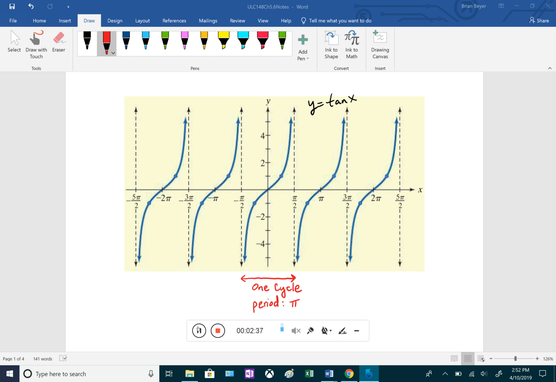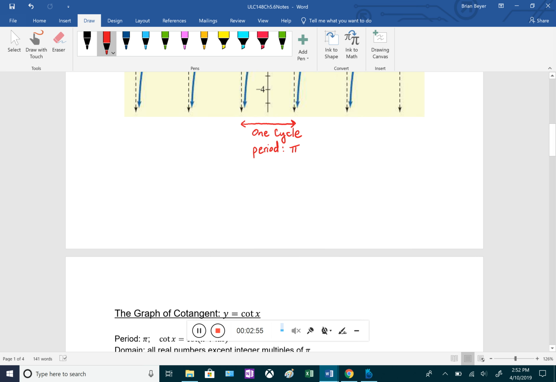Usually when we think about how the curve looks for tangent, we think about it from negative pi over 2 to positive pi over 2, and that shape repeats itself over and over again. Even though it stops here on the edges, it's still going to keep on going and looking like this from negative infinity to positive infinity.